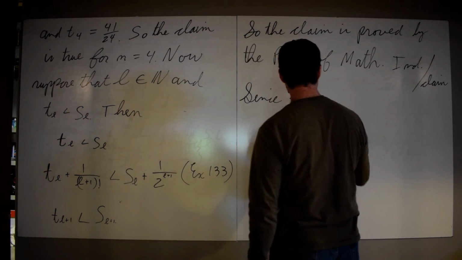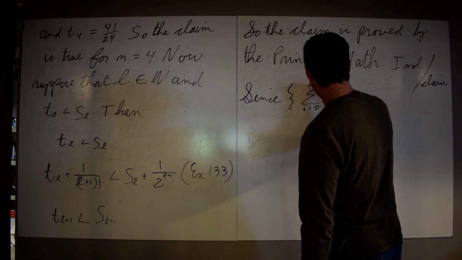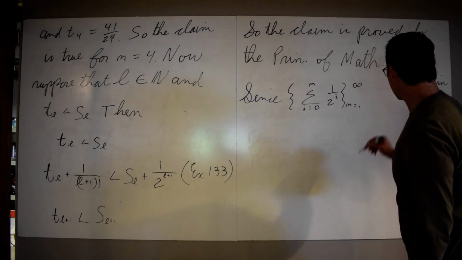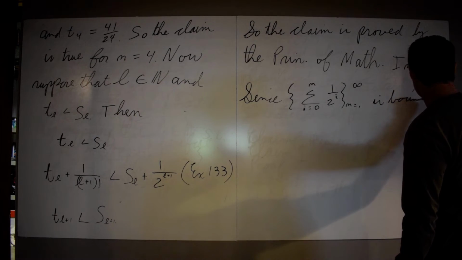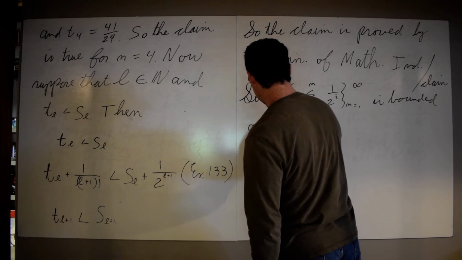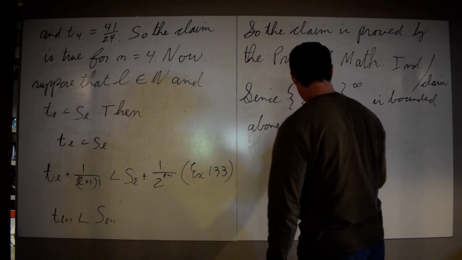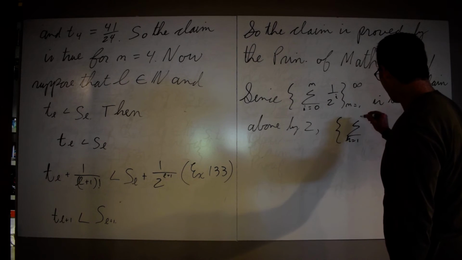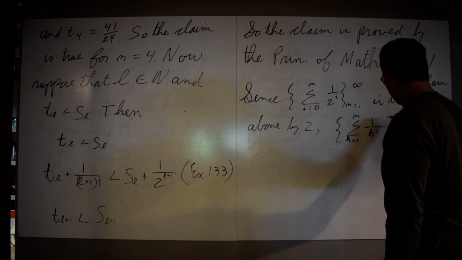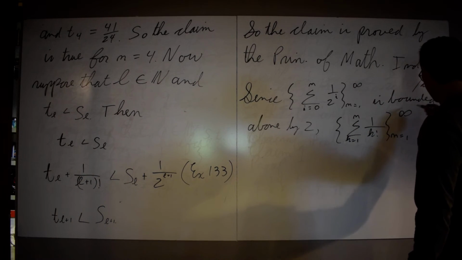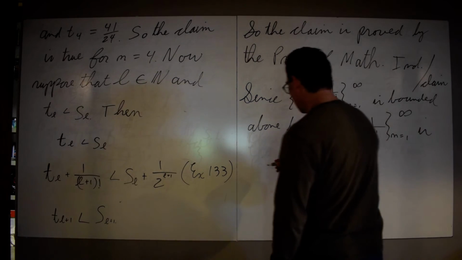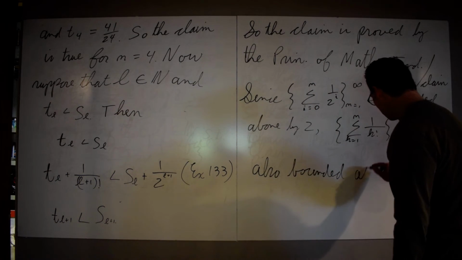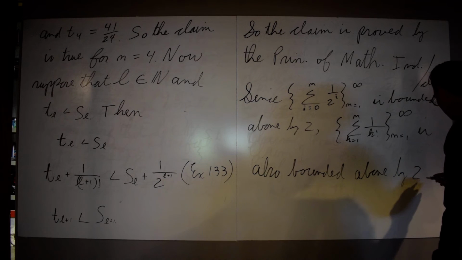Since this sequence, the sum i equals 0 to n of 1 over 2 to the i, n equal 1 to infinity, is bounded above by 2, the sequence that we're interested in, the sum of k equal 1 to n of 1 over k factorial, n equal 1 to infinity, is also bounded above by 2.